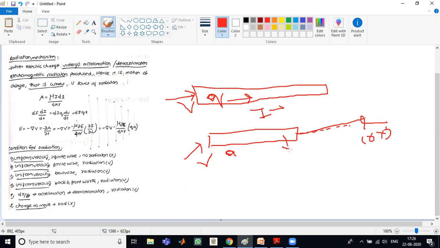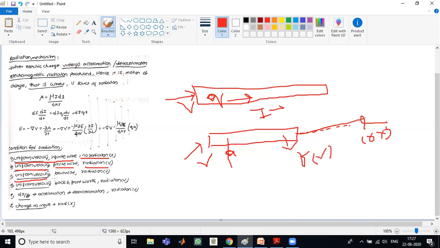If this wire is of finite length, then the radiation is produced. See, uniform velocity, infinite wire, there is no radiation. Uniform velocity, finite wire, means the wire is finite in structure, then there is production of radiation.